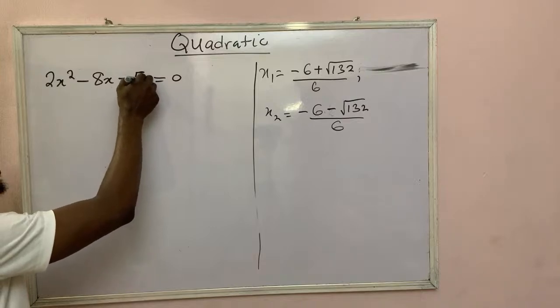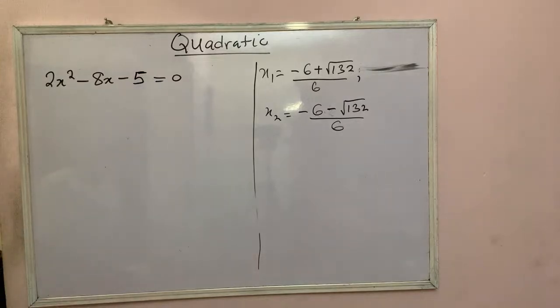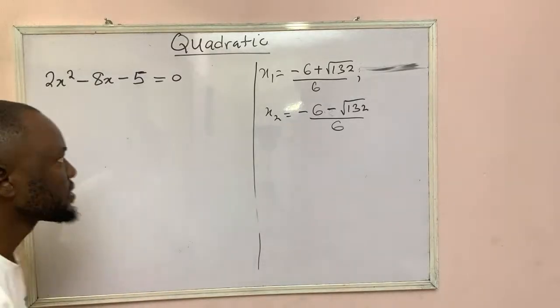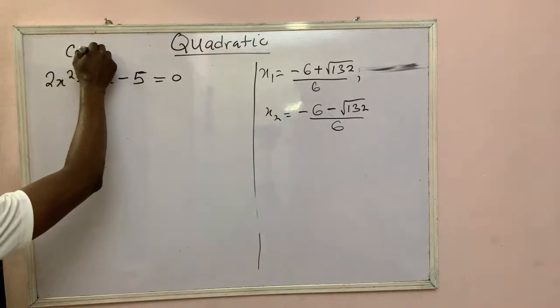Okay, let's go by that. Now, if we want to solve by completing the square, we want to complete the square.